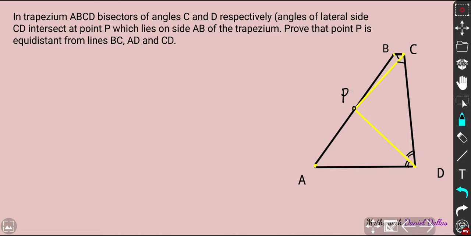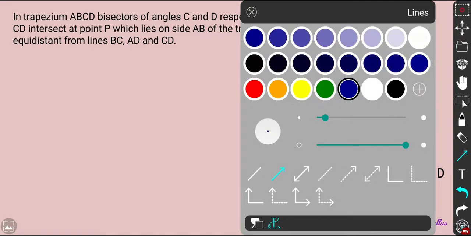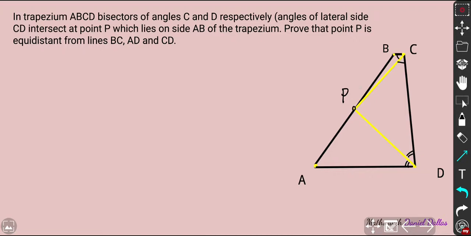So what does equidistant mean? It means that if I use, let's say, arrows and put blue lines for them, the distance to side AD is the same as the distance to side CD. So I try to put a perpendicular to CD.